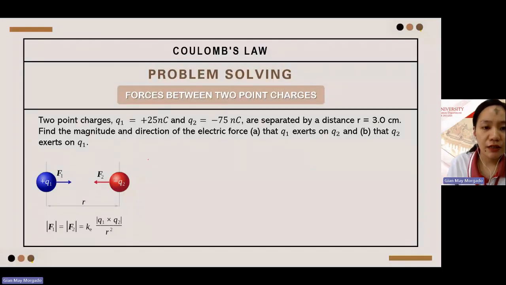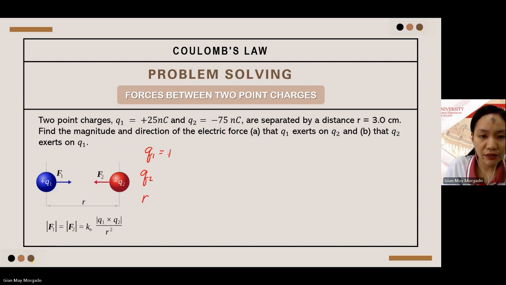Okay, going back. We will have to write all the given values first. So we have Q1, Q2, and R. Q1 is positive 25 nanocoulombs, Q2 is negative 75 nanocoulombs, and R is 3 centimeters.